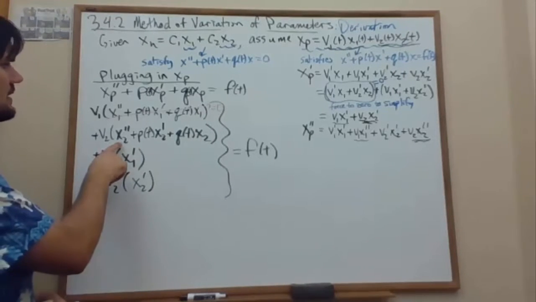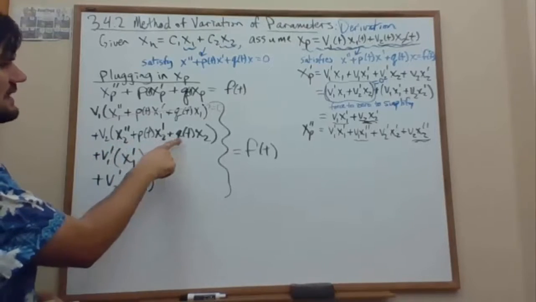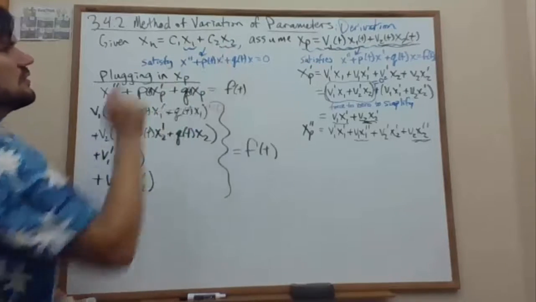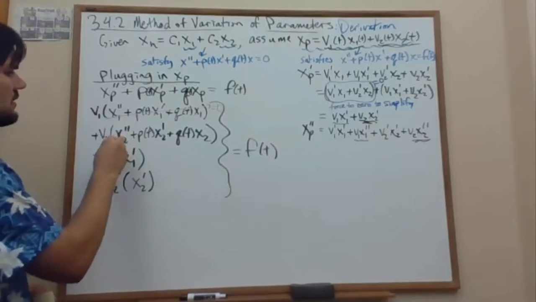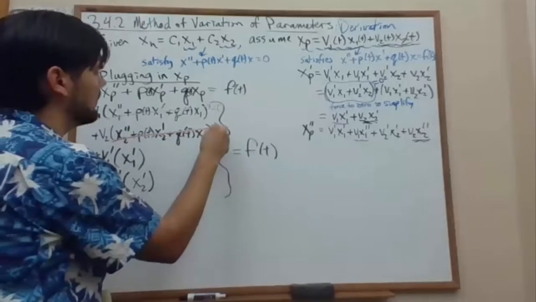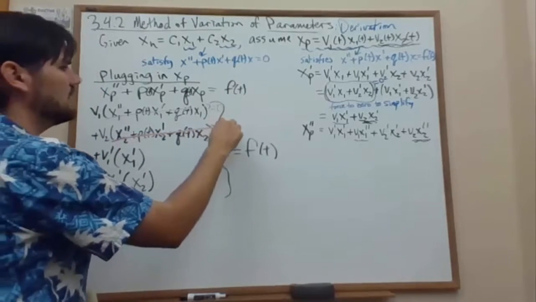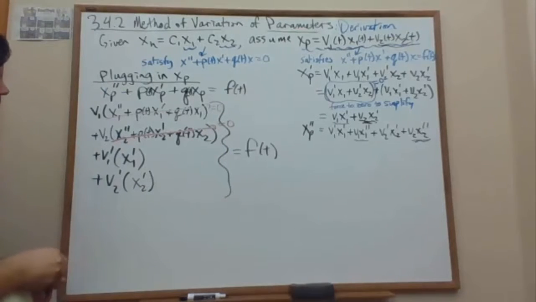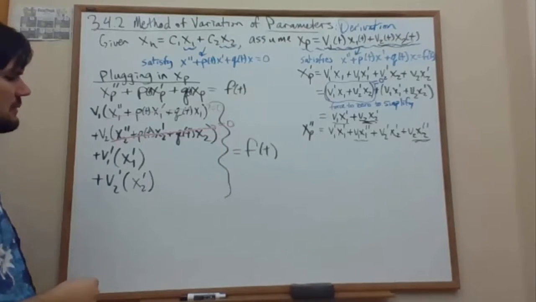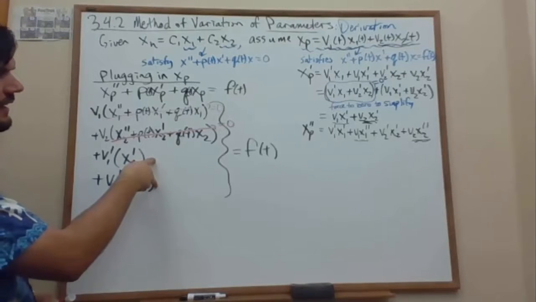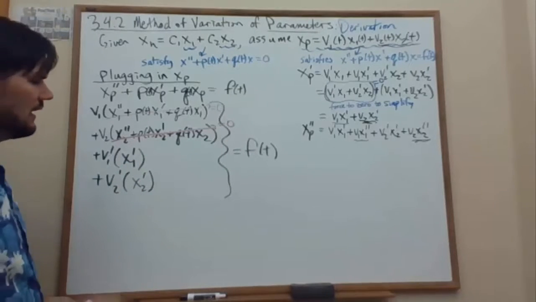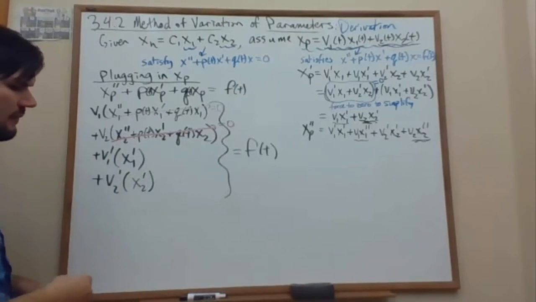And the second chunk is the same thing for x2, and x2 is also a piece of the homogeneous solution. So this whole second chunk also equals 0. And that means that we only have two pieces added together and remaining, equal to f of t.